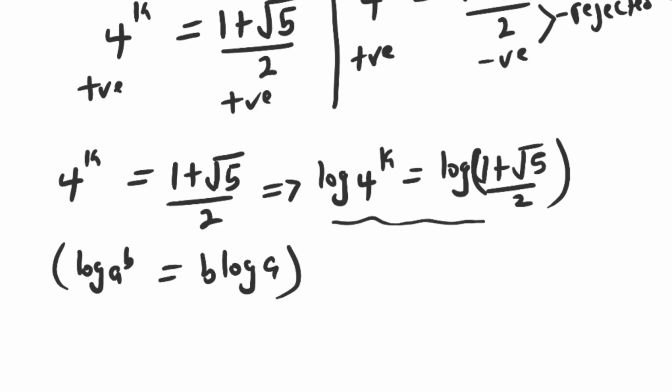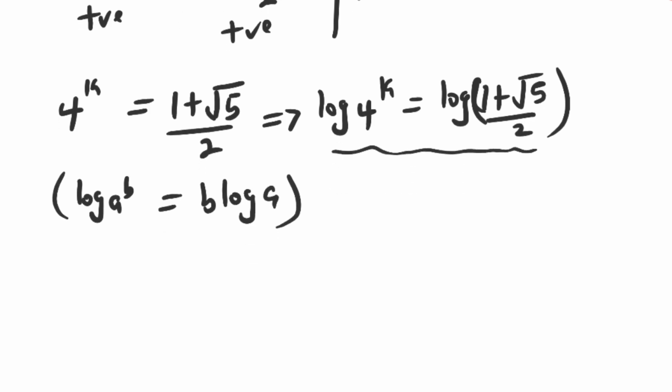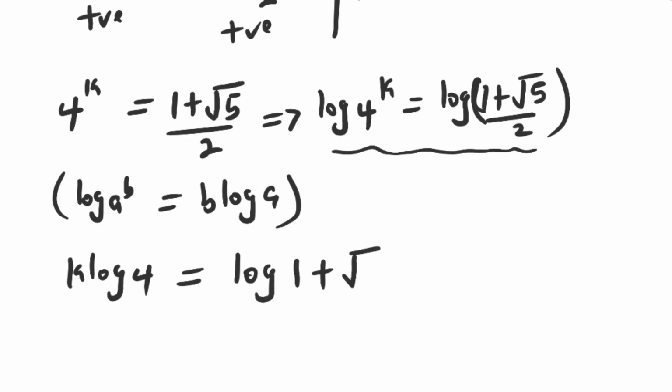Then the whole of this can be written as k log 4 is equal to log of 1 plus root 5 over 2.